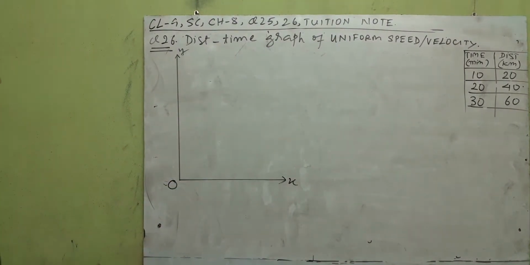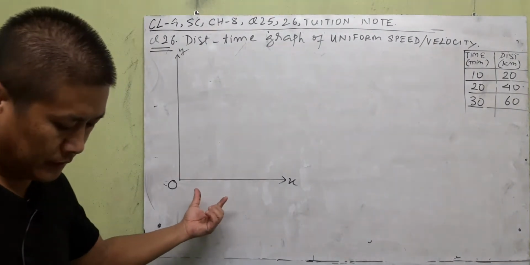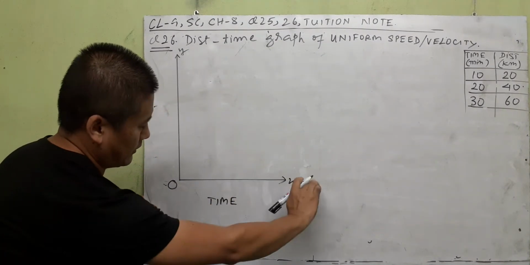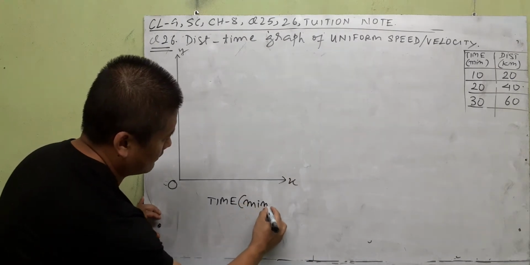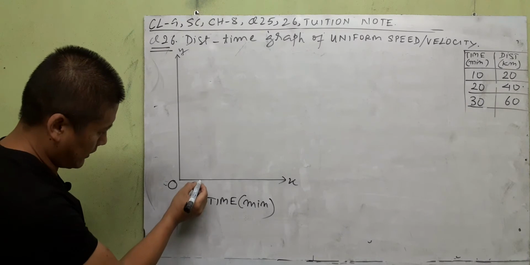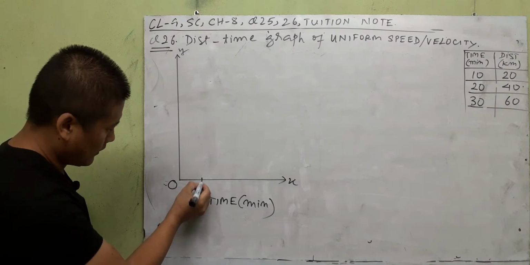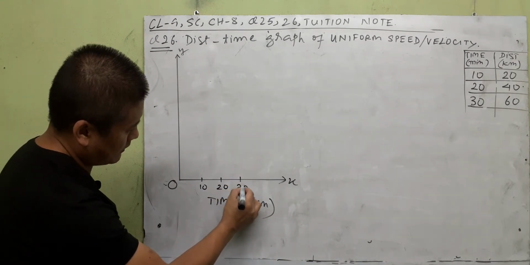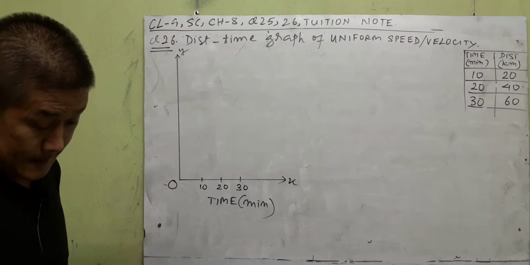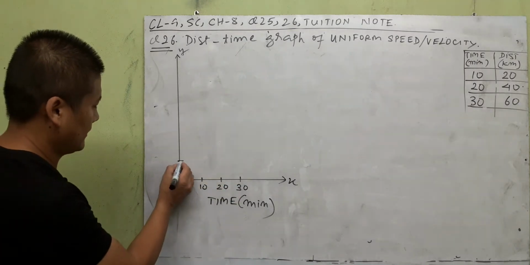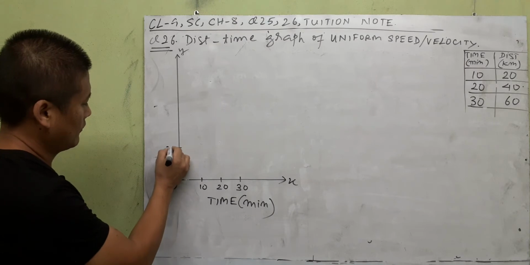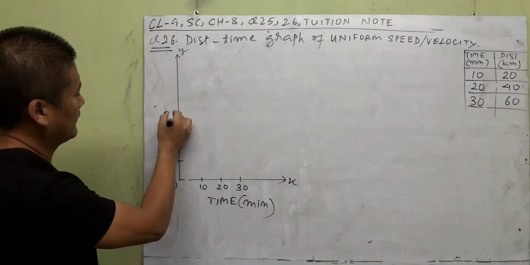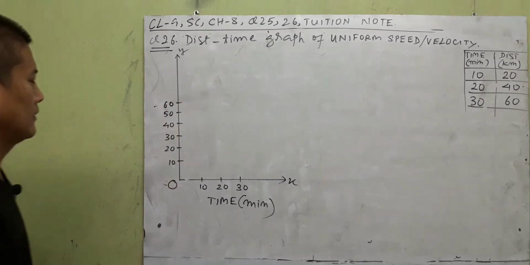Here, time will be on the x-axis, in minutes. The highest is 30, so let us draw 10 minutes, 20 minutes, 30 minutes, like that it goes. Then distance, 60 is the highest, so let us say 10, 20, 30, 40, 50 and 60.